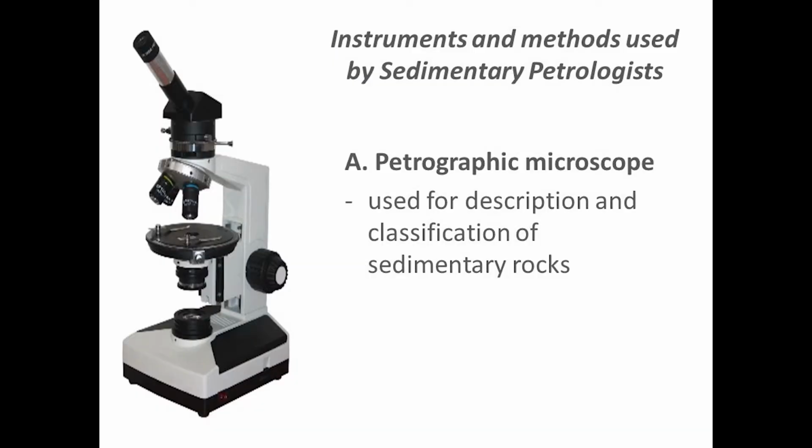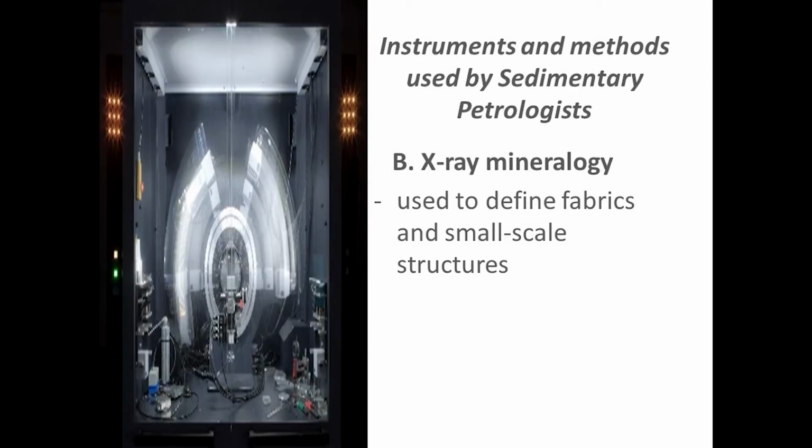Next are the instruments and methods used by sedimentary petrologists. The first instrument is the petrographic microscope, which is used for the description and classification of sedimentary rocks. Next is X-ray mineralogy, used to define fabrics and small-scale structures.